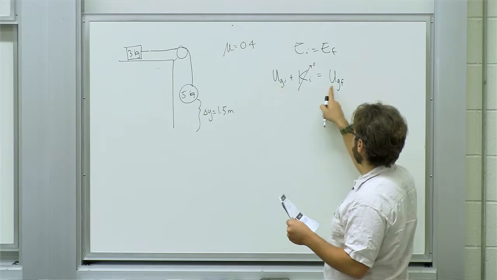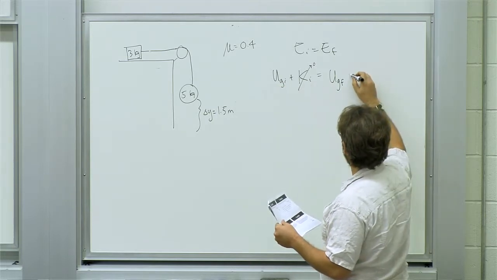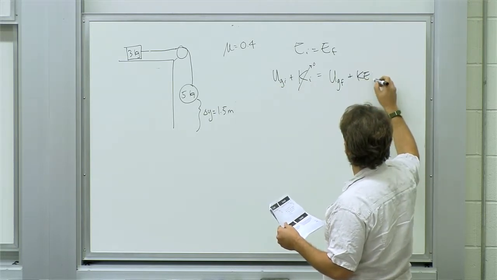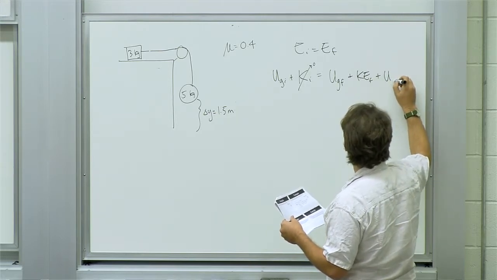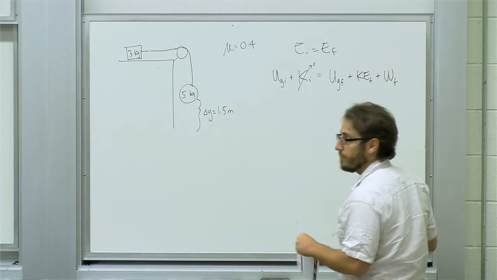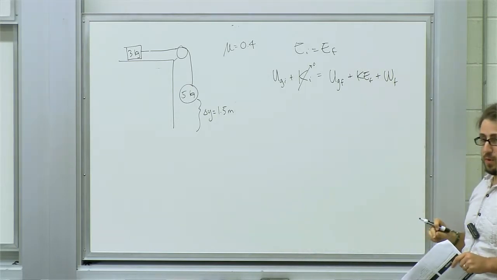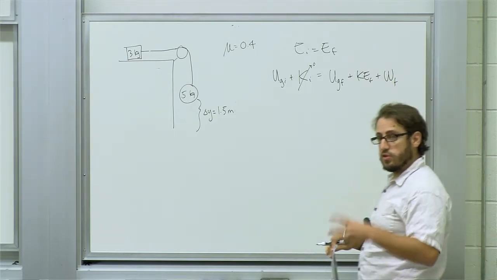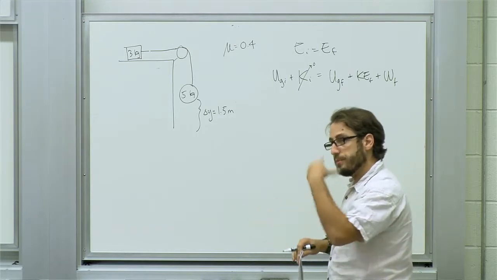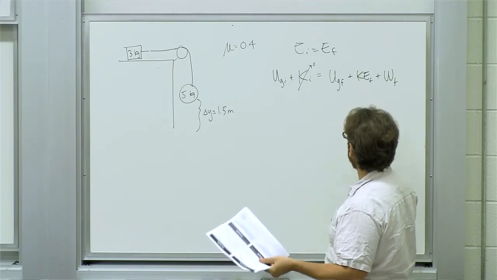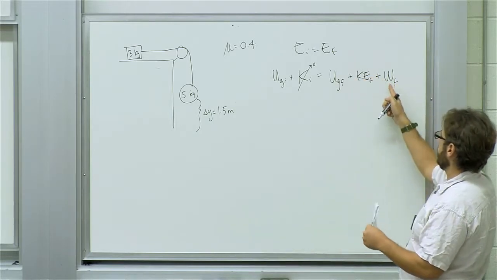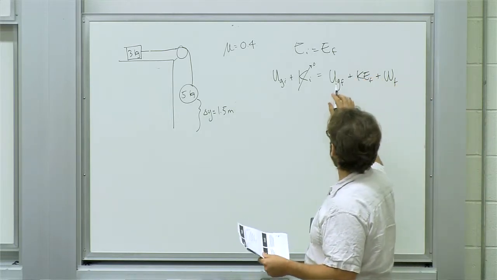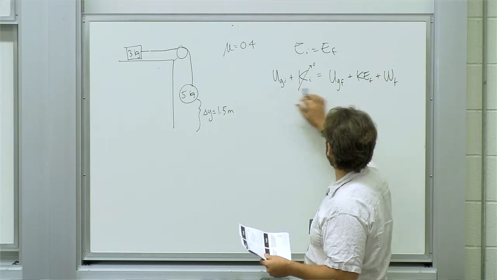So we're interested in this difference, right? Plus kinetic energy, the final, plus the work done by friction, right? Just like the spring problem we just did. Potential energy of the spring was turned into motion of the object plus heat from friction. Here, the potential energy is going to be turned into the motion of the pair of objects plus heat from friction.